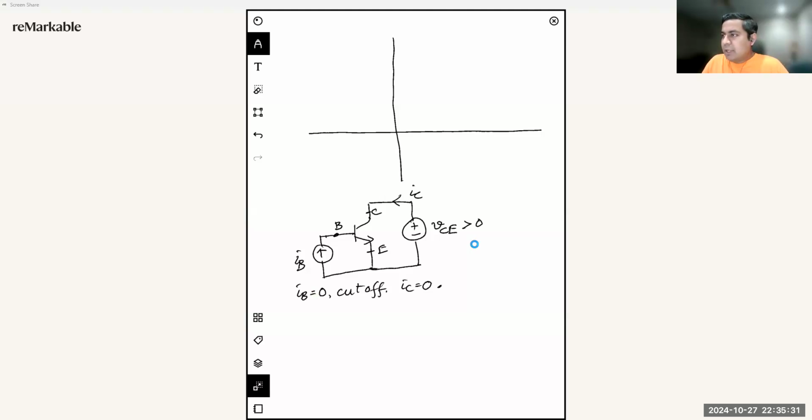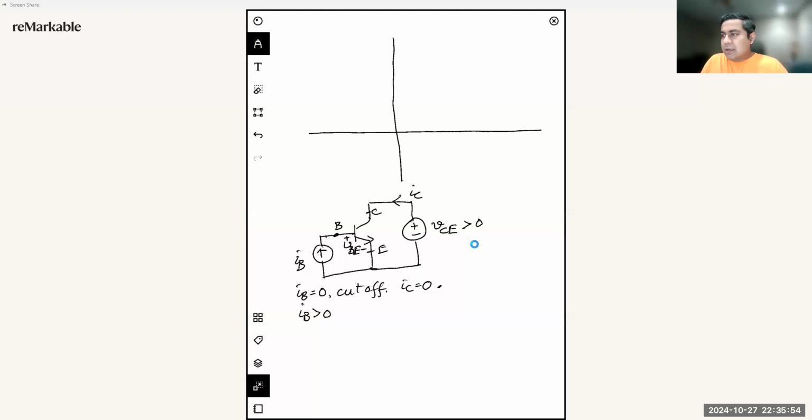Now, if we have an IB current which is greater than 0, and it crosses a certain threshold value, just like it did for MOSFET or for diodes, then we are going to get a voltage across the base-emitter junction. So that voltage is VBE.